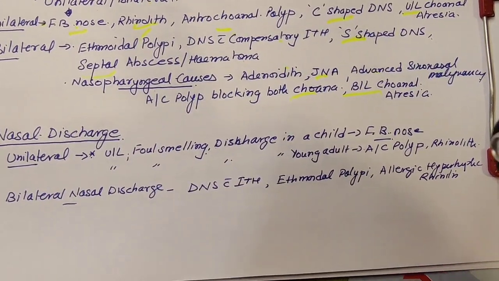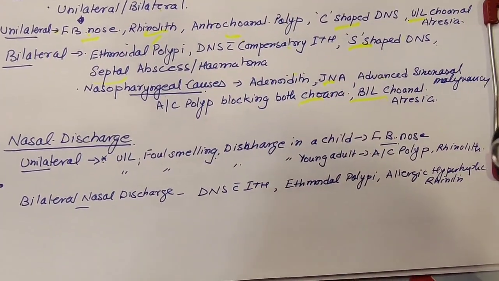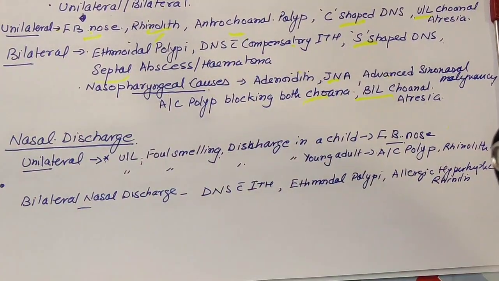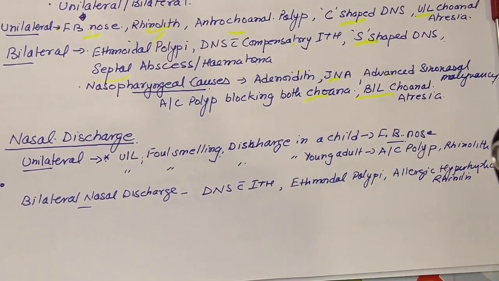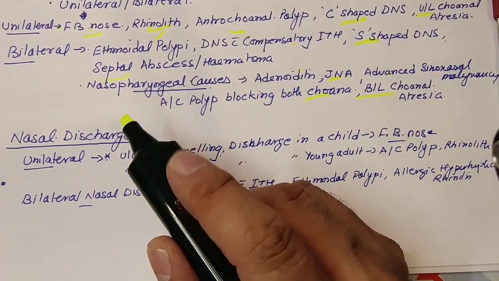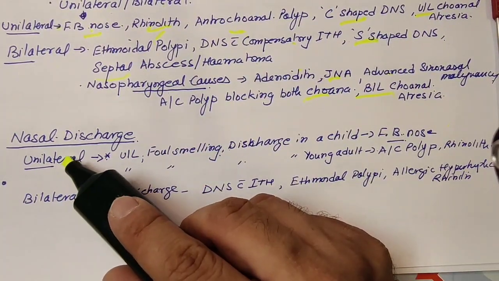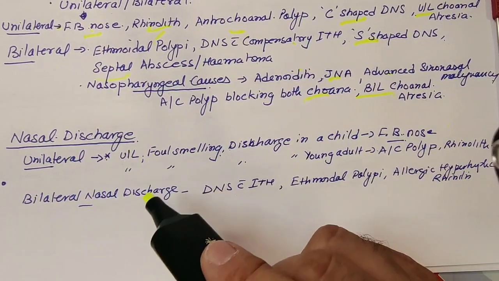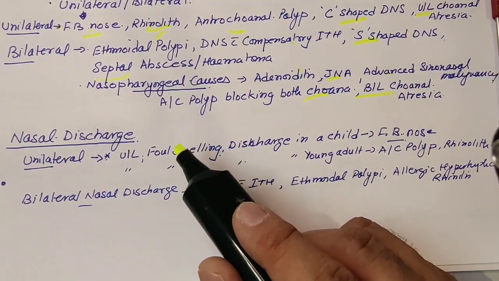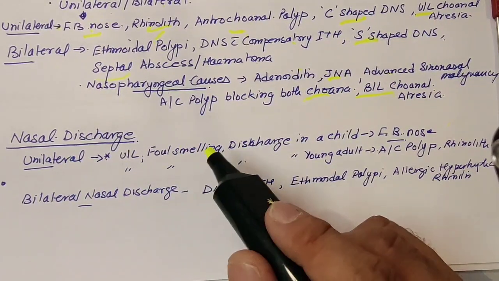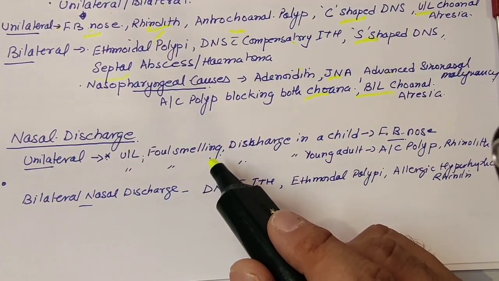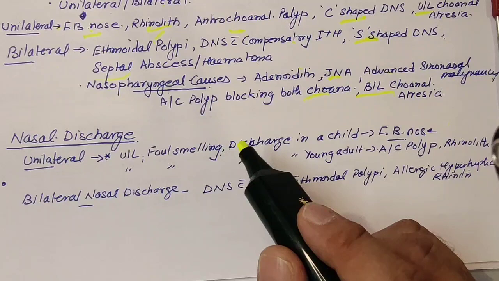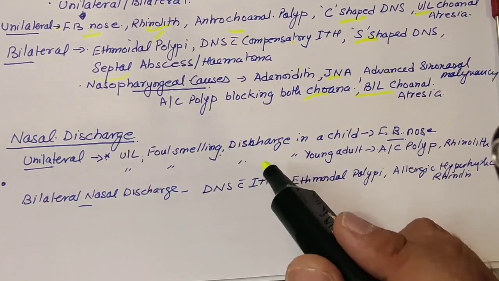Then next, we come on to another important complaint that the patient gives to us, which is nasal discharge. Similar to nasal obstruction, we need to keep in mind whether the discharge is unilateral or bilateral. And for unilateral, a very common MCQ is the foul smelling discharge in a child.